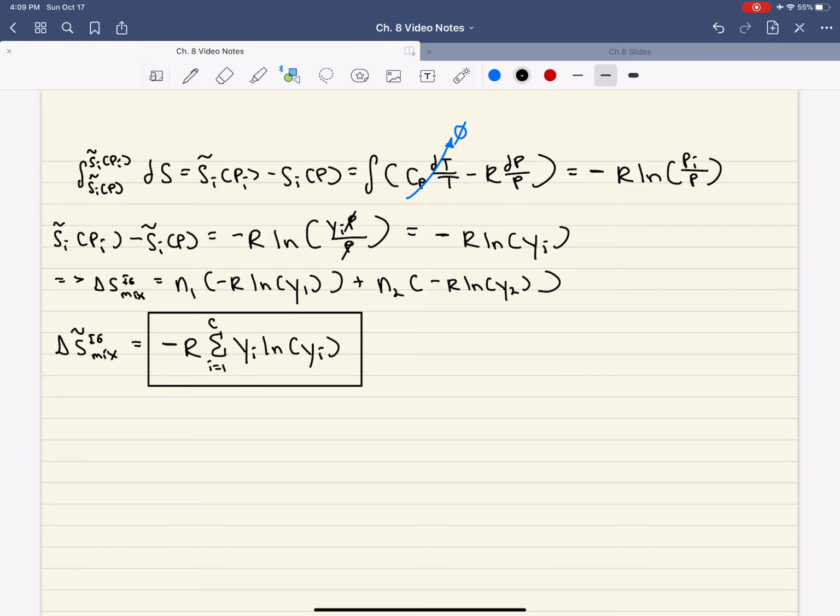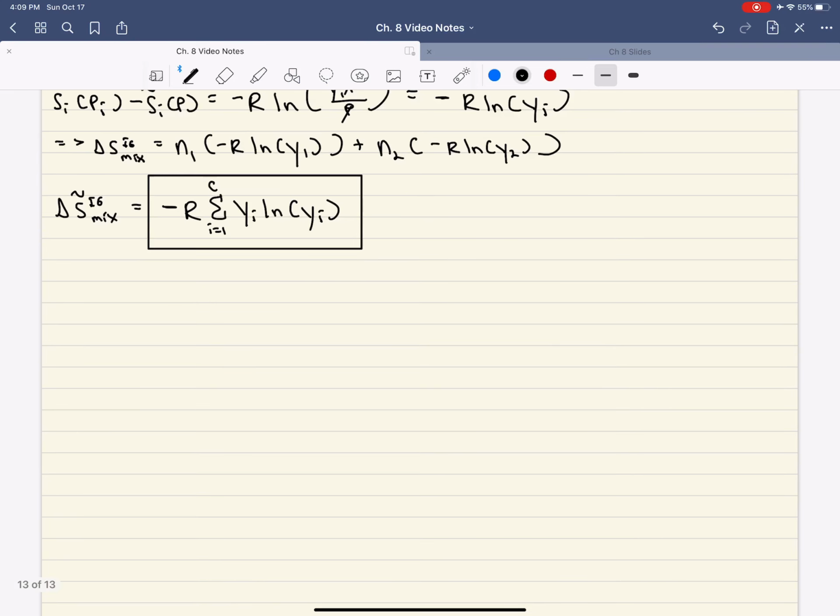All right, so we figured out both the enthalpy and the entropy. So now that we have both of those things, what we could also figure out is the Gibbs energy. Because we know delta G is just delta H minus T delta S for an ideal gas mixture. Delta H mix is equal to 0, so our delta G is going to be negative T times delta S mix, which we got here. So in the end, our delta G is just this.